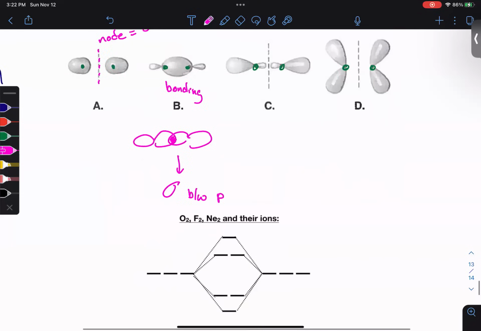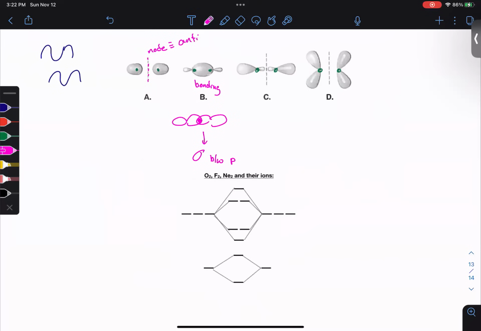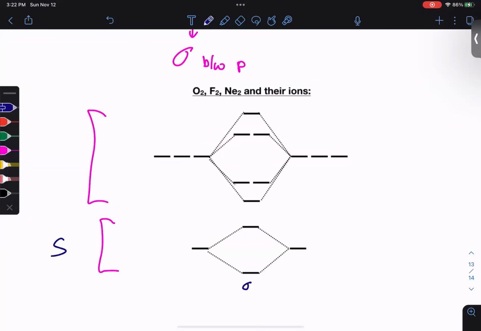If we look at this structure here, our spaghetti diagram, our MO diagram, these interactions are different from these interactions. So the bottom ones here, what atomic orbitals are combining? These are s orbitals. S orbitals combine to make a sigma and a sigma star.